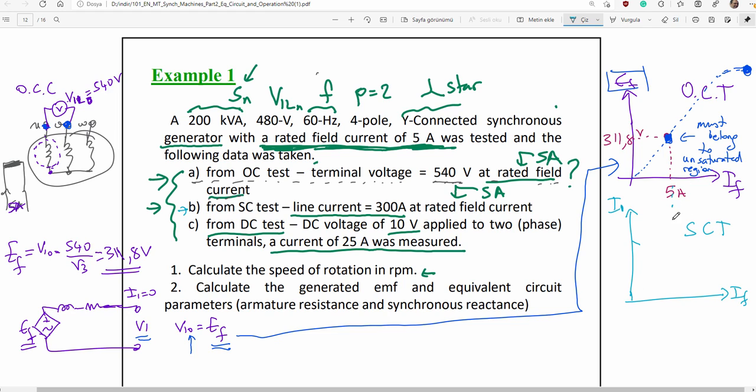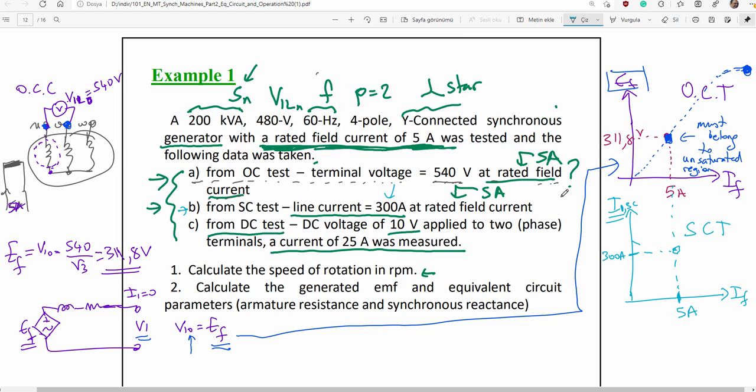And again at rated field current, which is 5 amps, the machine delivers 300 amps at a short circuit current. I1 short circuit, let's say I1 short circuit, that's better.